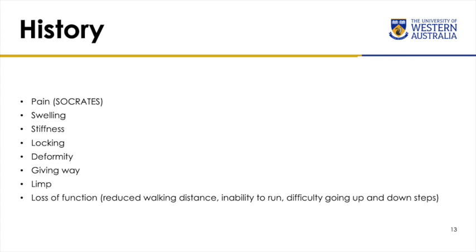Locking is different from stiffness. When we talk about locking, it means the knee suddenly cannot be fully extended, although flexion is still possible. This most commonly happens with a torn meniscus or a loose body caught between the articular surfaces.